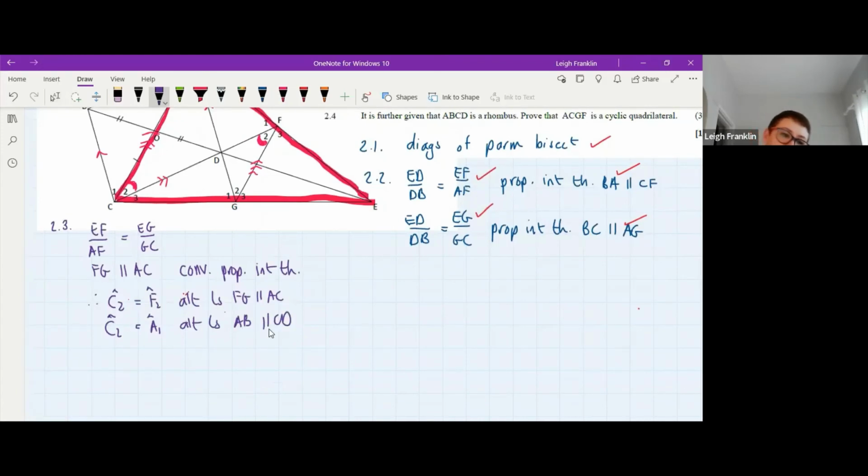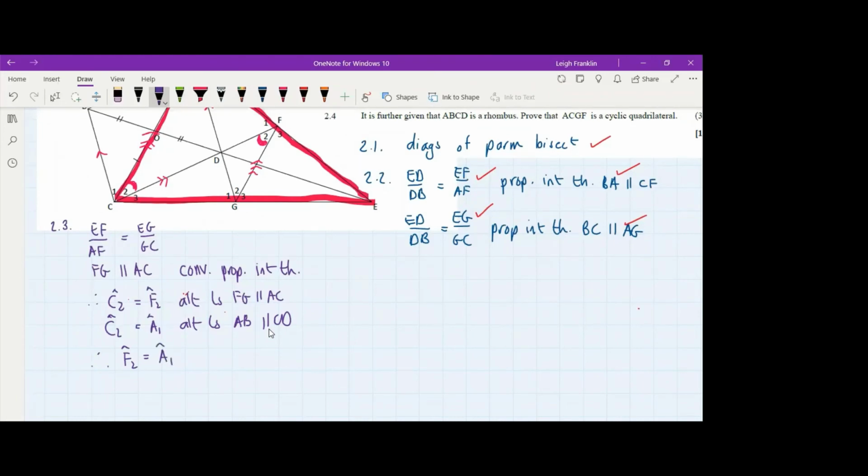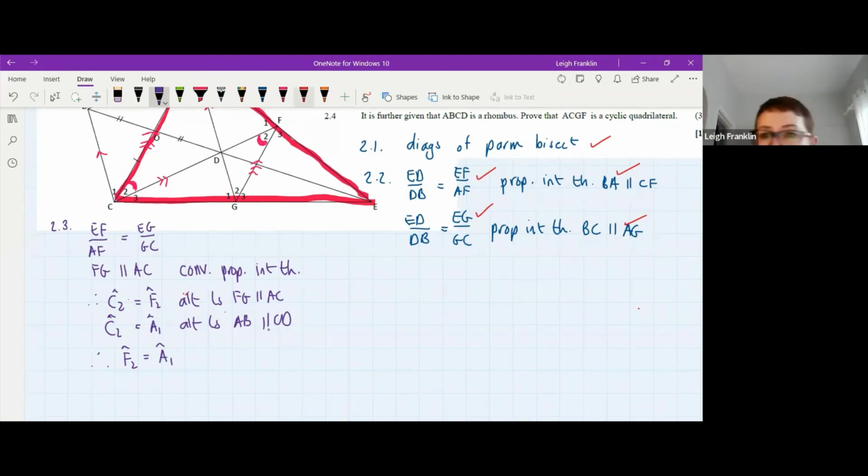Okay, so if both F2 and A1 are equal to C2, then we must be able to deduce that they are equal to one another. Okay, so therefore F2 equals A1. Indeed. Okay, so here, this was out of 5 marks. So they're not going to give us a mark for writing F2 equals A1. That's what they wanted us to prove.